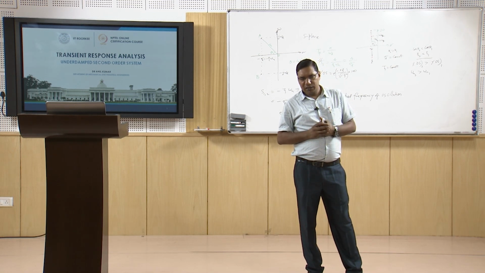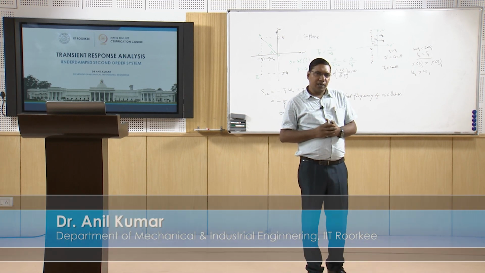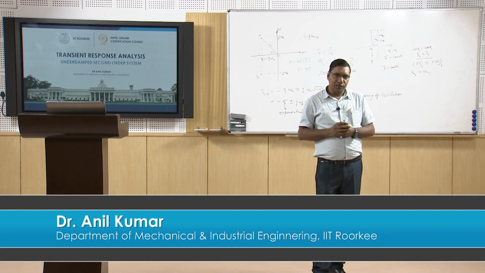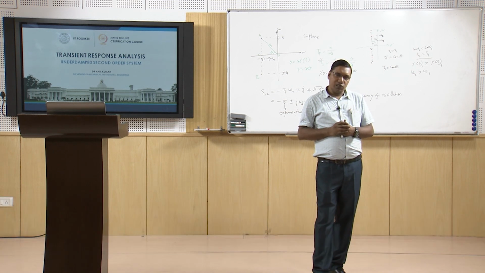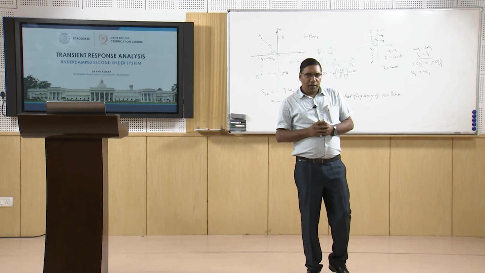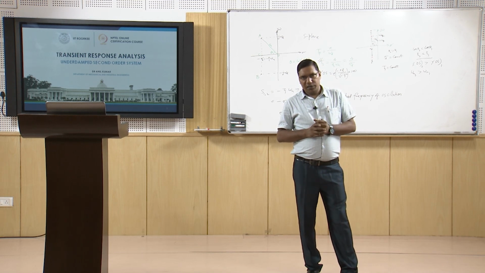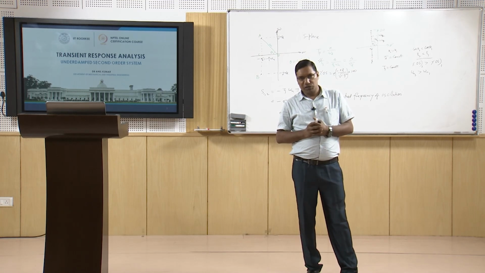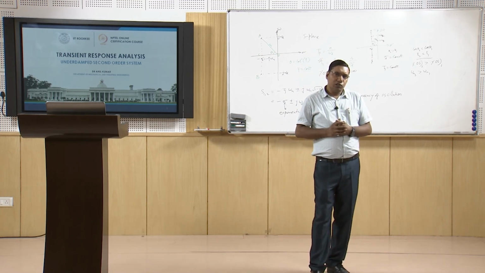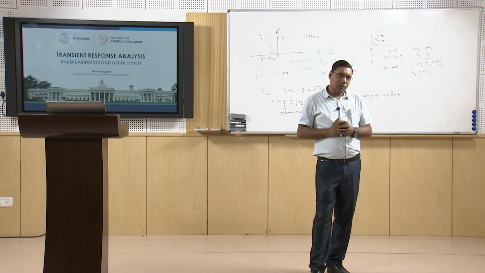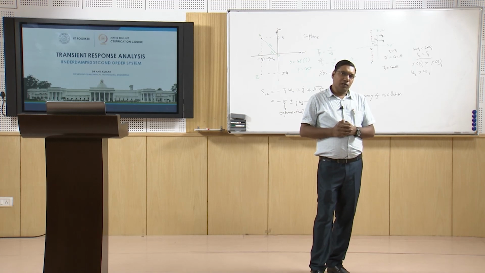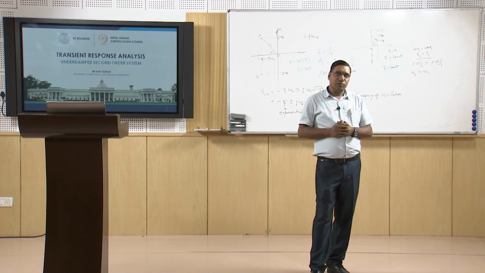So we saw that the underdamped system has a response that oscillates, but the amplitude is decaying with time as an exponential function, and we derived formulas for the peak time, settling time, overshoot, rise time, and we saw what will be the effect of the movement of the poles in three different directions and how the response will change.